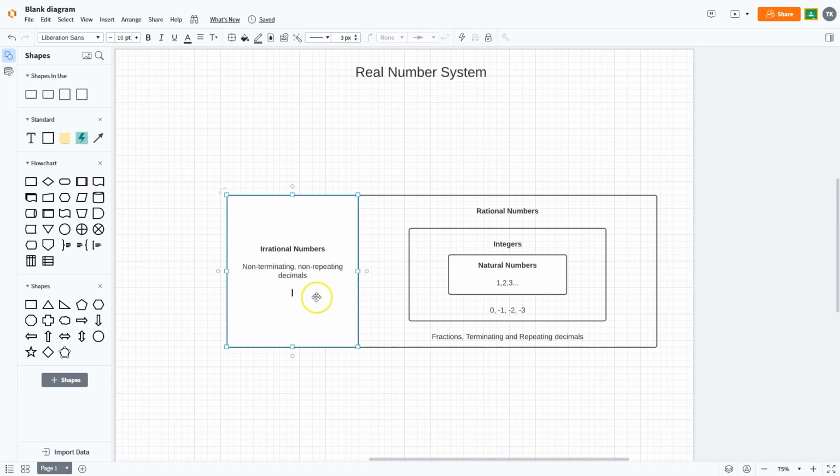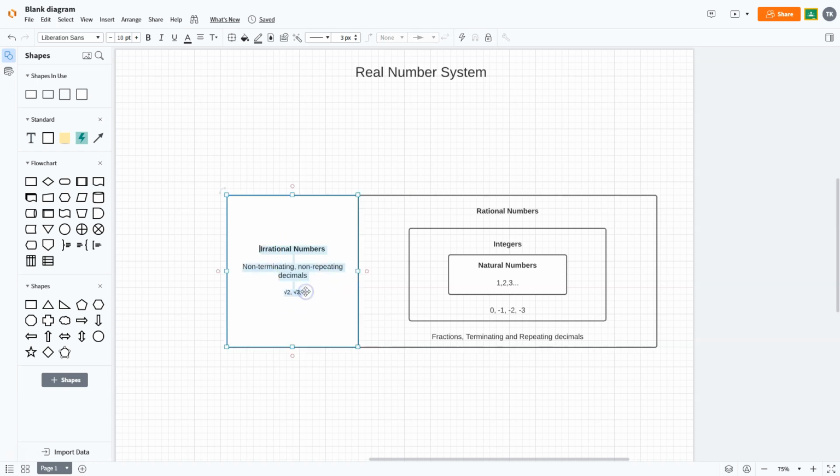So things like the square root of 2 or the square root of 3, but not the square root of 4, because the square root of 4 is 2. Any root that doesn't work out perfectly is an irrational number.